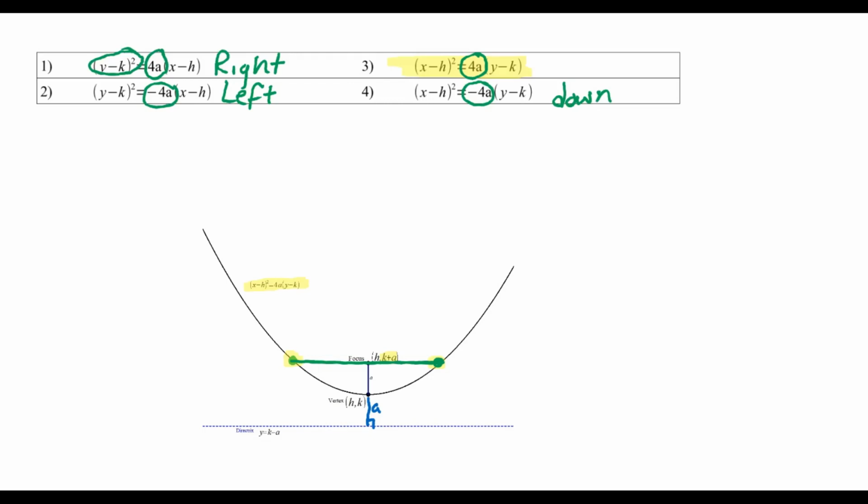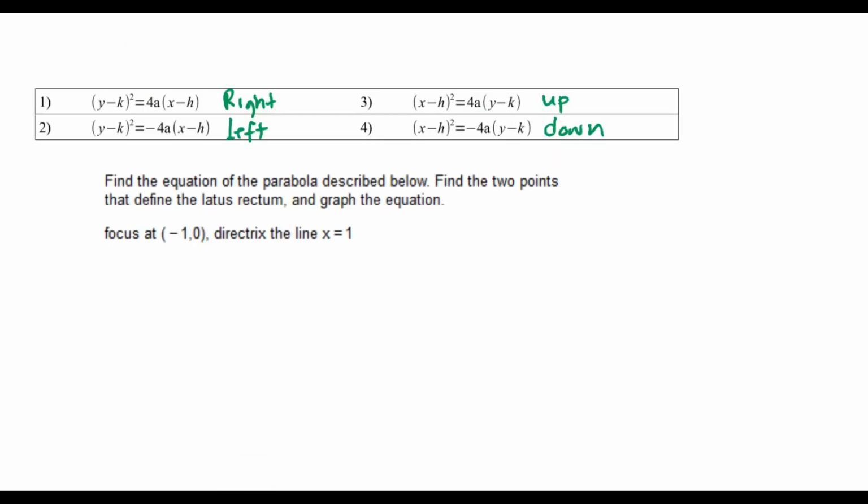However, if your parabola is oriented, say, to the right, our focus will be here, and our latus rectum points will share the x-coordinate with the focus rather than the y-coordinate.